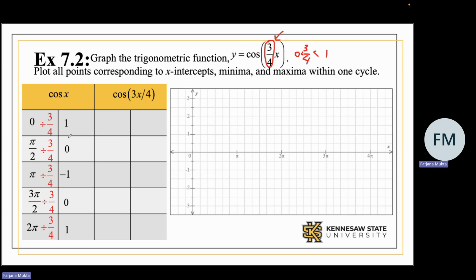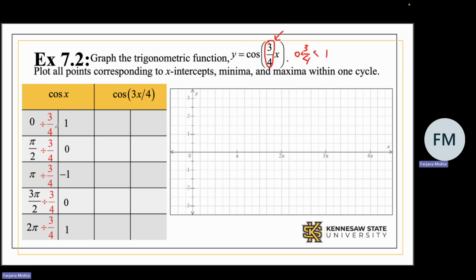Notice that the y coordinates will not change at all. That's because from outside of the function, we are not doing any operation. No vertical shift or no vertical shrink or stretch, because we are not adding or subtracting any constant from the outside, or multiplying anything from the outside either. So there will be no change on the y points, right?